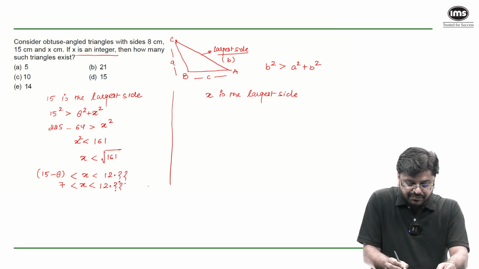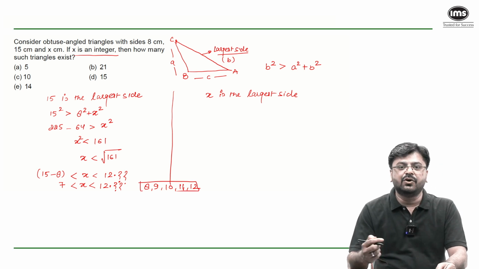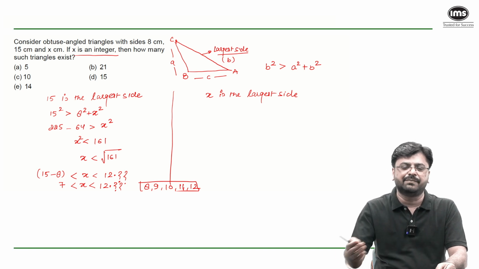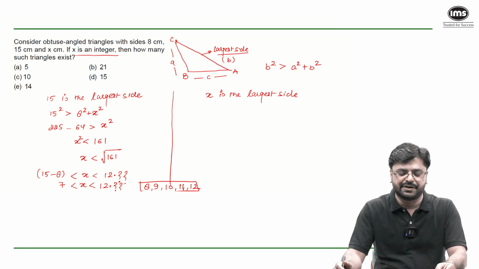So x can be 8, 9, 10, 11 or 12. Remember, 12 here is acceptable because the value of x is 12 point something. So we can take any integral value less than 12 point something.